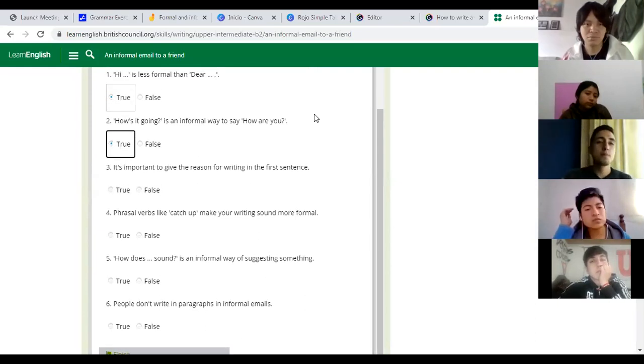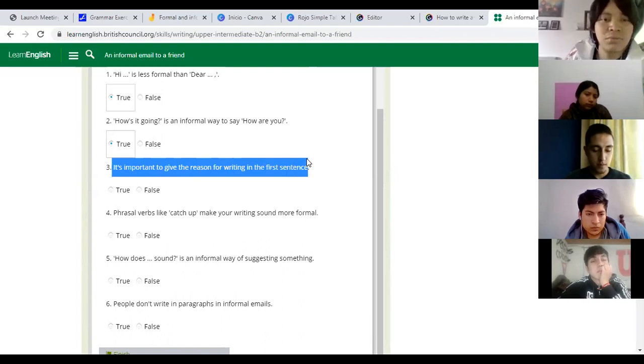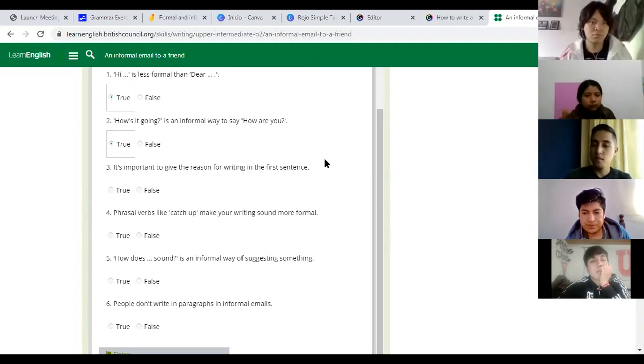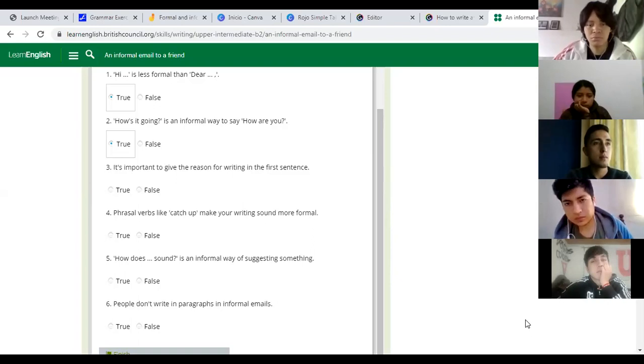Number 3, it says, it's important to give the reason for writing in the first sentence. True or false? This is true. True, dicen, okay.